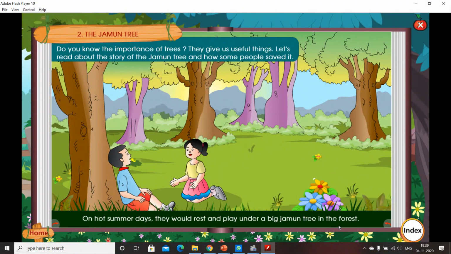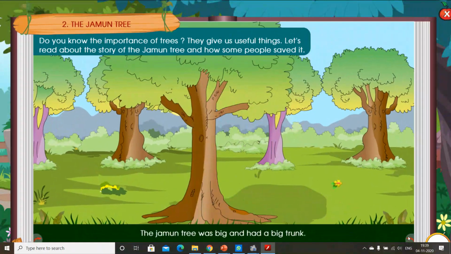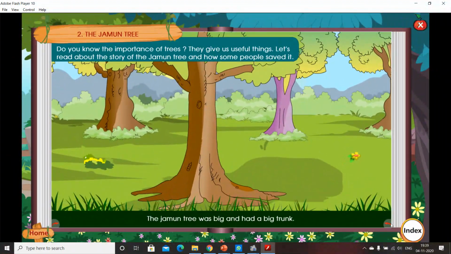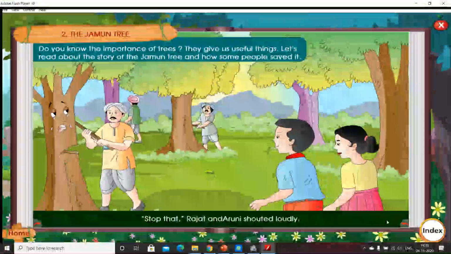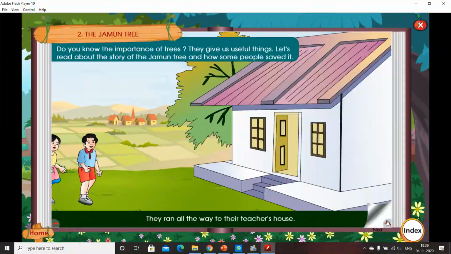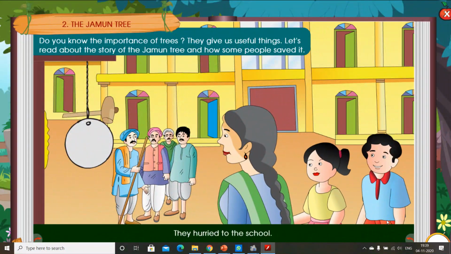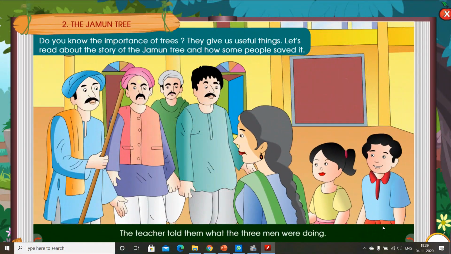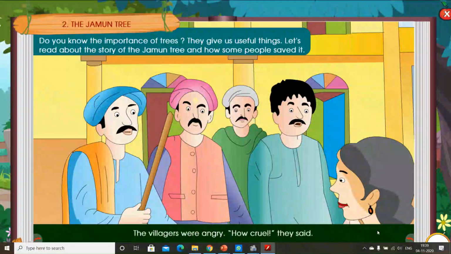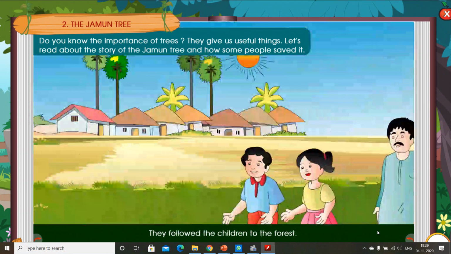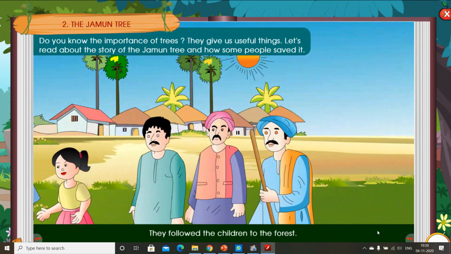The Jamun tree was big and had a big trunk. They named the tree Jamuni. Stop that! They ran all the way. They hurried to the school. The teacher told them what the three men were doing. The villagers were angry. How cruel, they said. They followed the children to the forest. The men were about to cut down Jamuni.